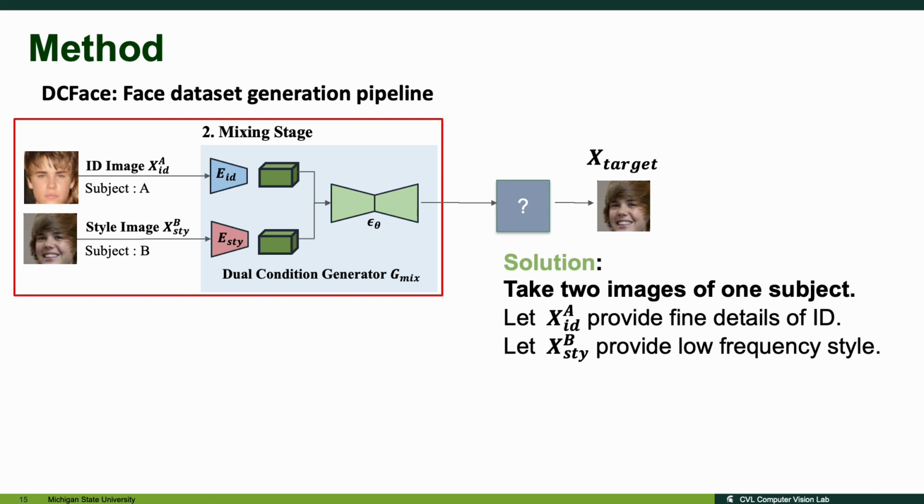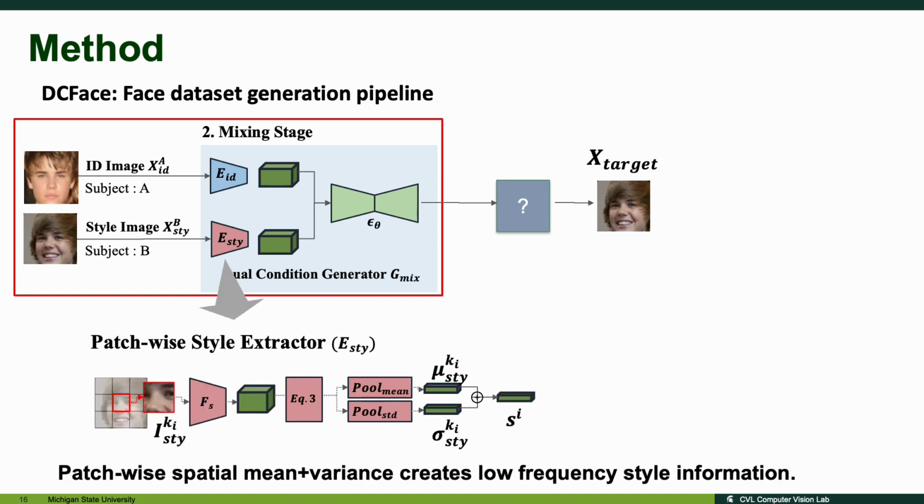Initially, we create a training dataset by selecting two images of the same subject. We then designate the style image as a target image. For the style image branch, we design a style extractor to prevent fine details from entering the generator. This extractor eliminates high-frequency details by spatially pooling the image into a vector, a technique inspired by StyleGAN and others.